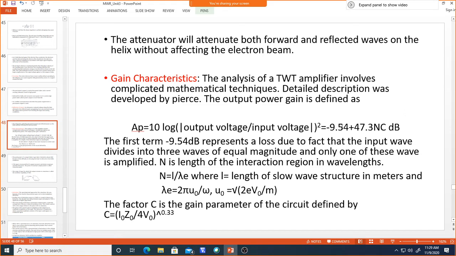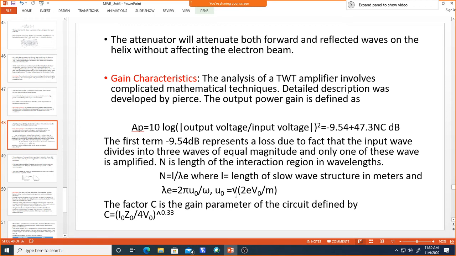That loss is given by this value, 9.54 dB. And N is the length of the interaction region in wavelengths, given as L by lambda e, where L is the length of the slow wave structure in meters, and lambda e is given by the exit velocity of the electrons u naught, as 2 pi u naught by omega.